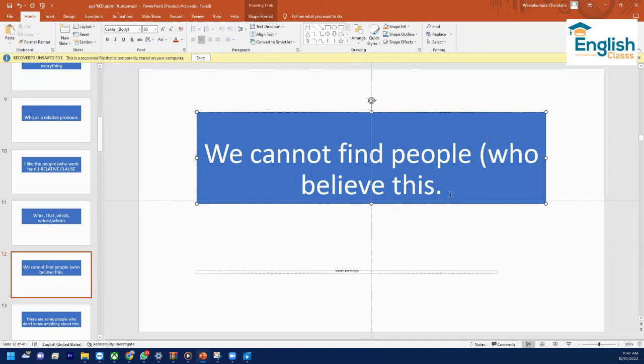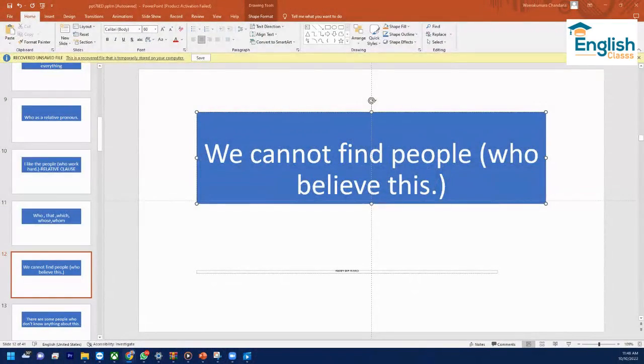Who believe this is the relative clause here. By using this relative clause, we describe the word people. Which people? People who believe this. We usually use a relative pronoun to give more information about a noun.